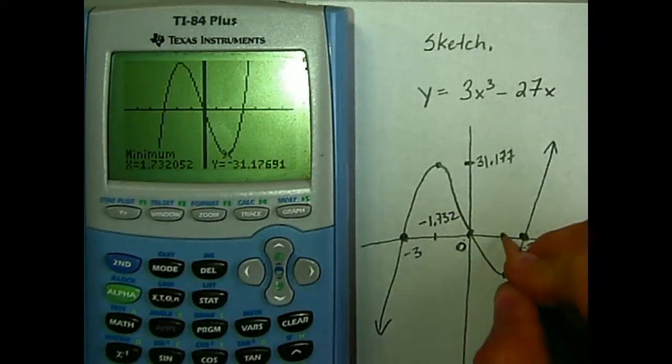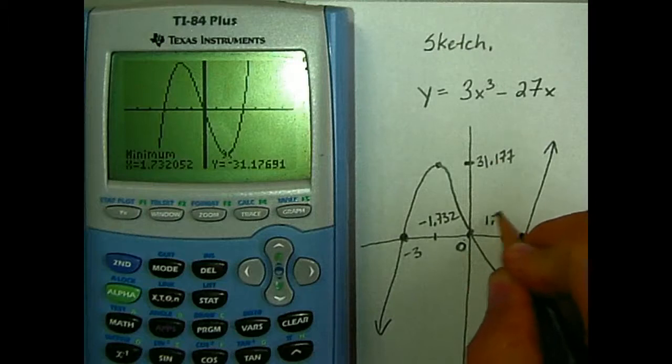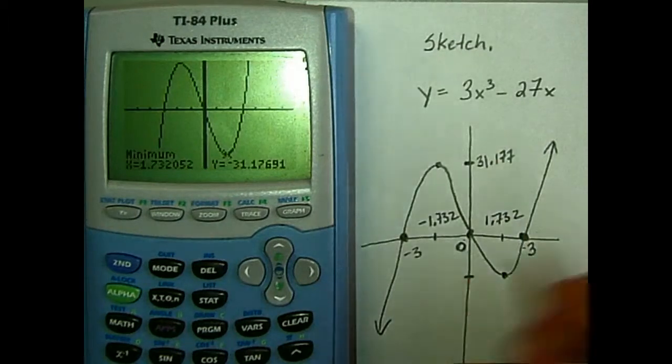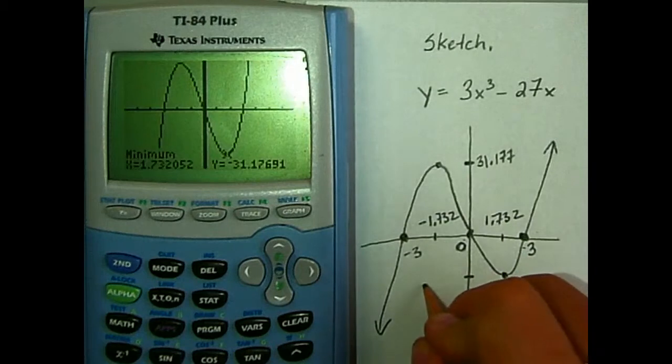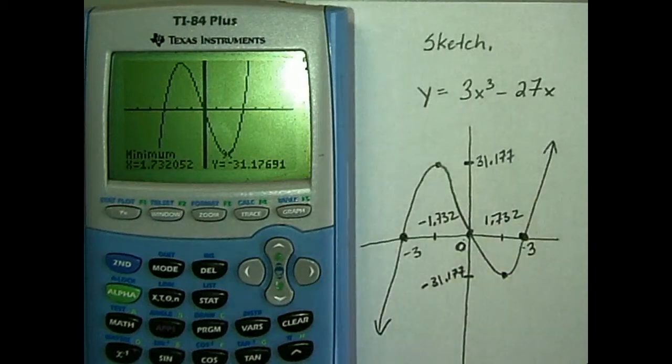So this is at x is 1.732, and my y is -31.177. That's the calculator and finding zeros and max and min values.